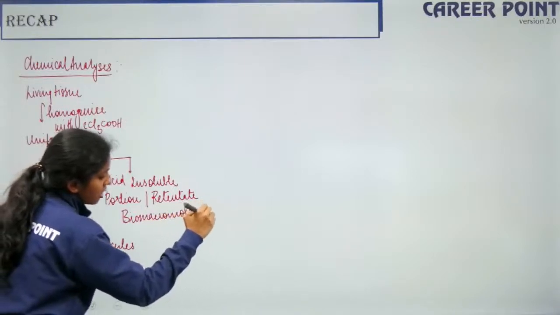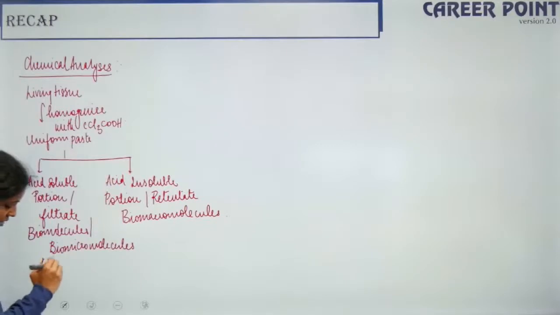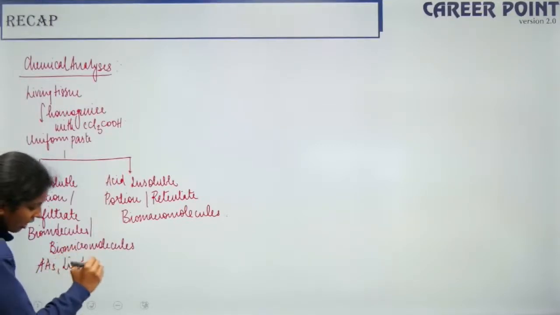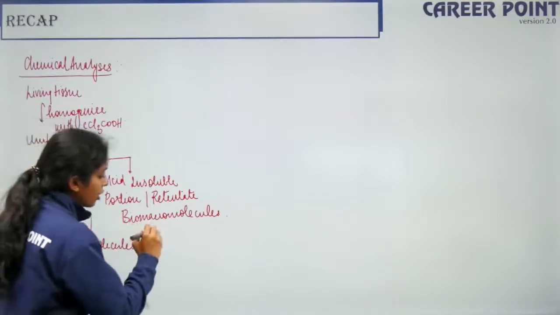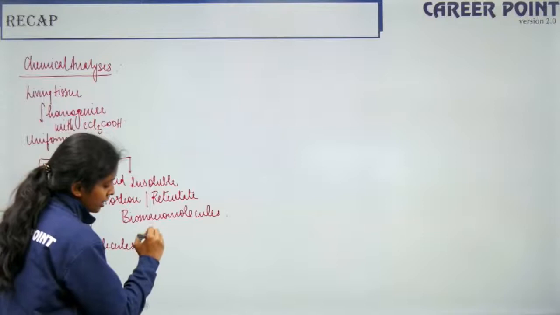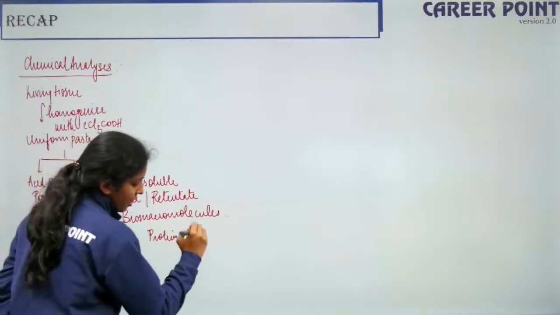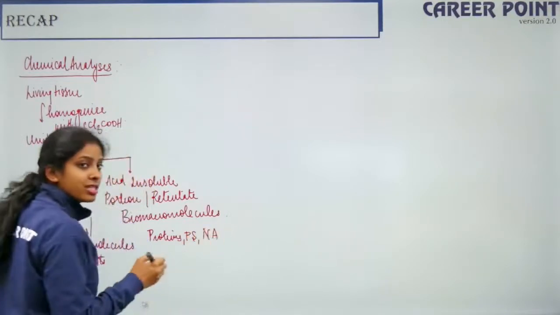So who comes under micromolecules and macromolecules? You have your amino acids, your lipids, and your nucleotides coming under biomicromolecules. Here you have your proteins, your polysaccharides, and then your nucleic acids, which come under this portion.